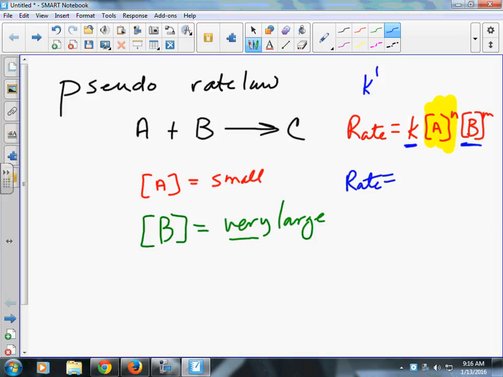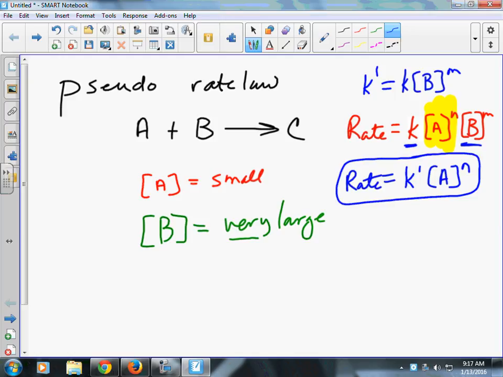That little mark right there means prime. It just means a different k, a different value for k. So we could say k prime is equal to k times [B] to the nth order. Okay? It just means a different k. And then we could express rate equals k prime [A] to the nth order.